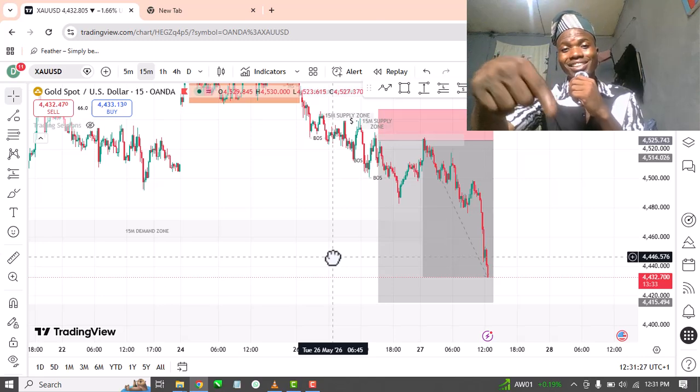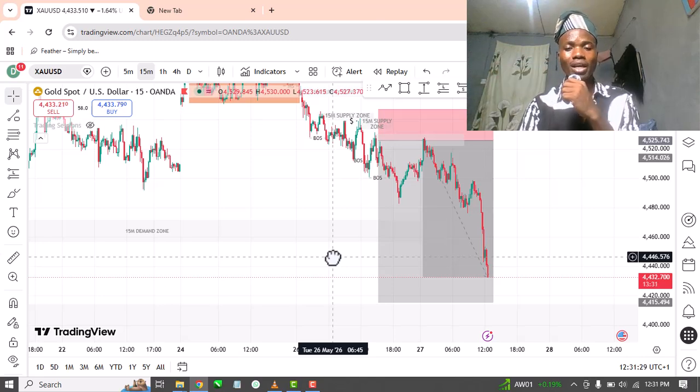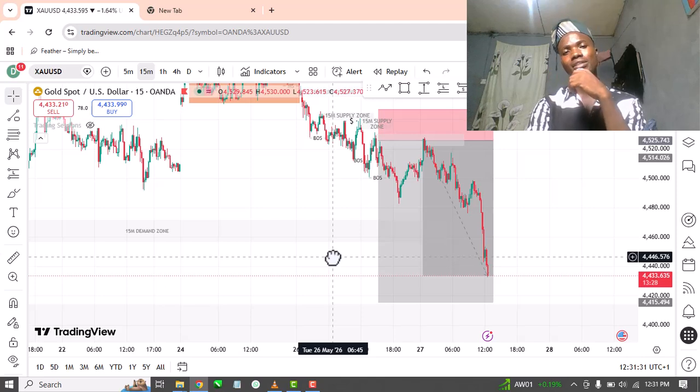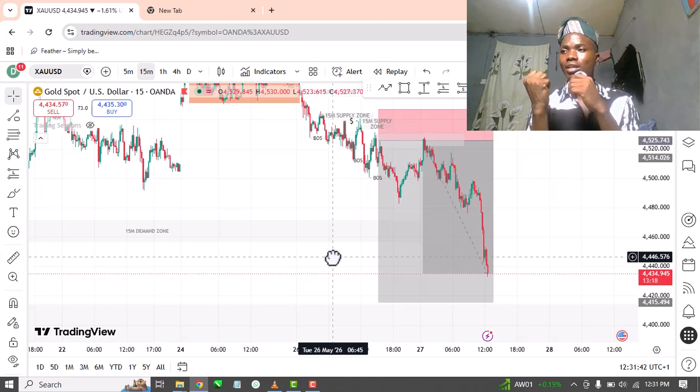And this is a high probability setup. I know that in the past years, when I started to learn how to trade, I can tell you, this is an idea that I want to pass to you.